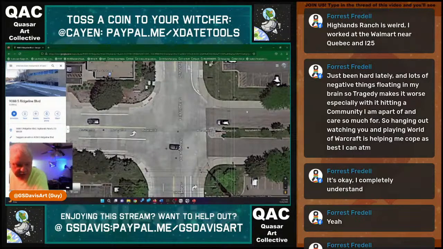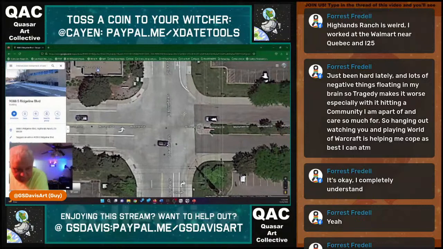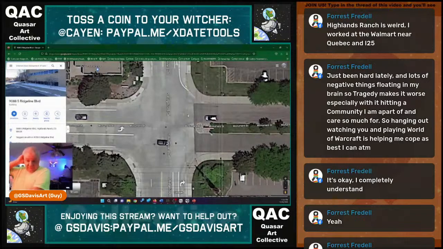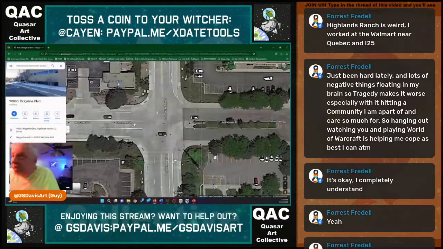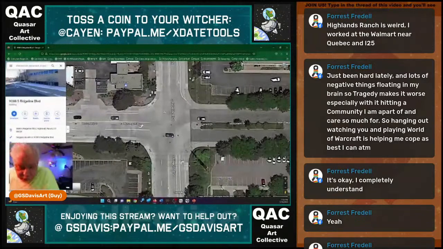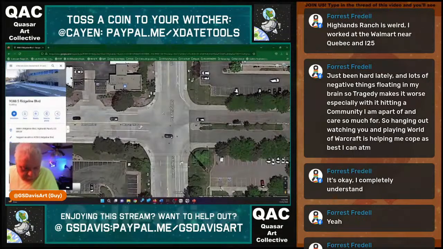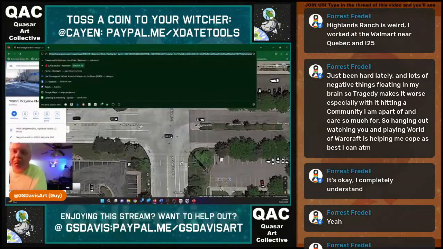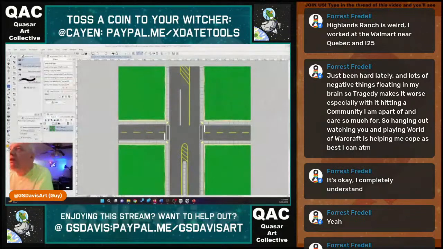There's 2 lanes worth of road, but this is a parking lane right here. Can't read anything down there.